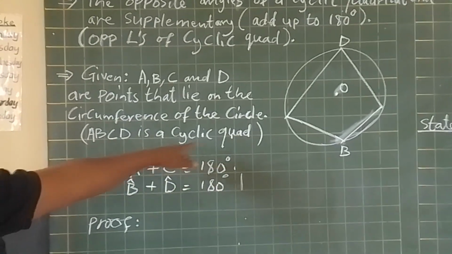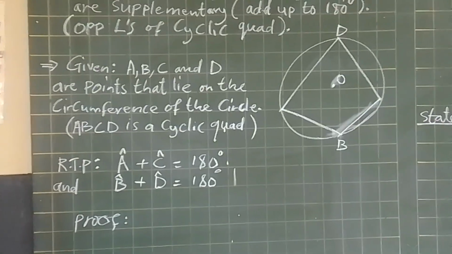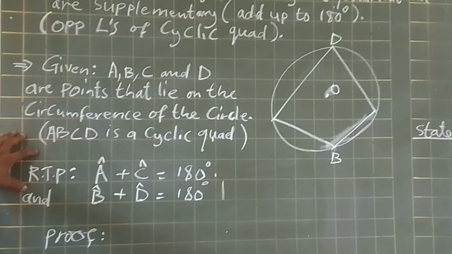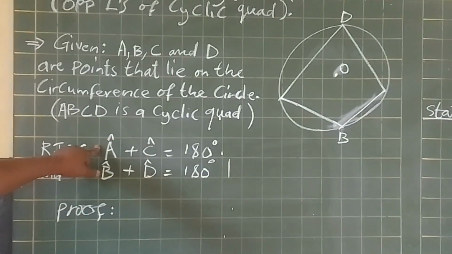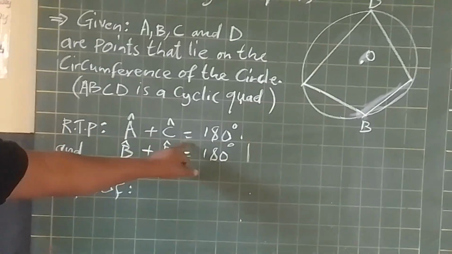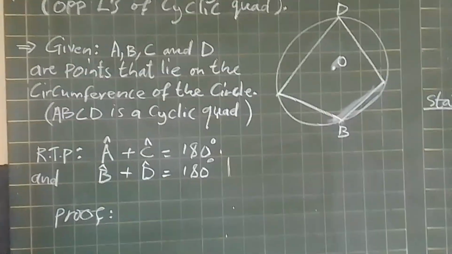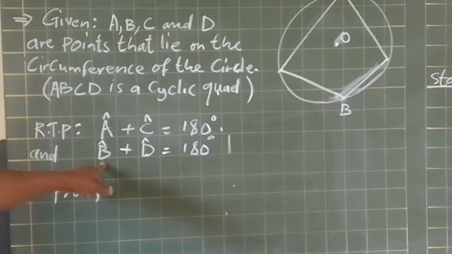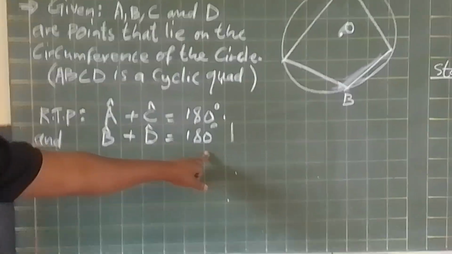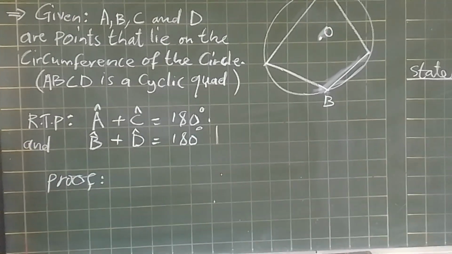ABCD is a cyclic quadrilateral. We are required to prove that angle A plus angle C is equal to 180, and that B plus D is 180 degrees.